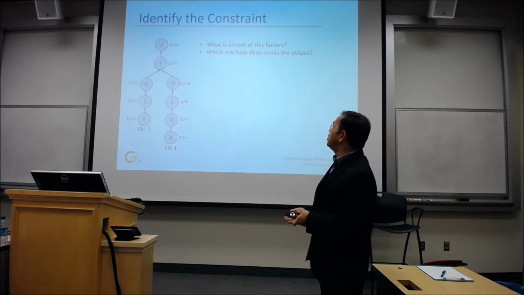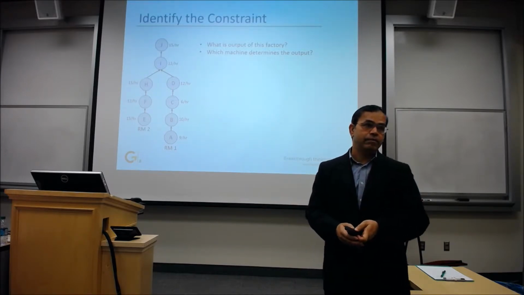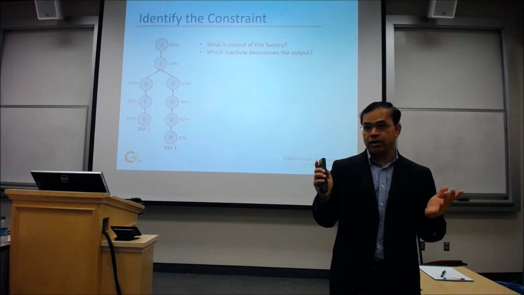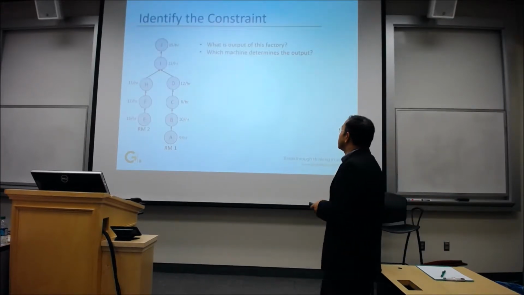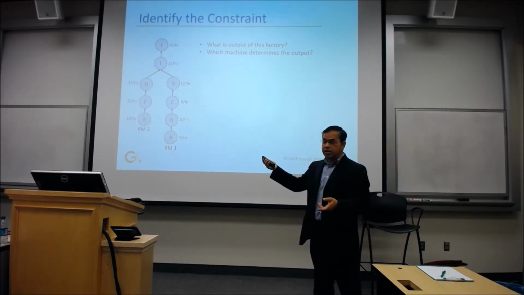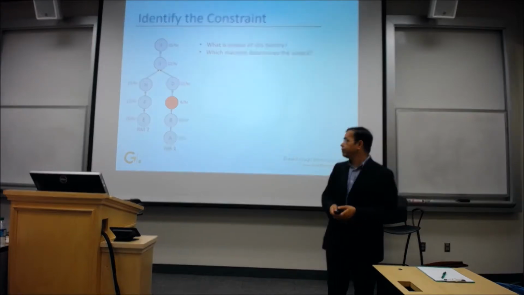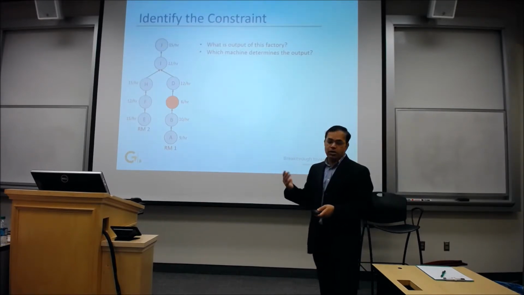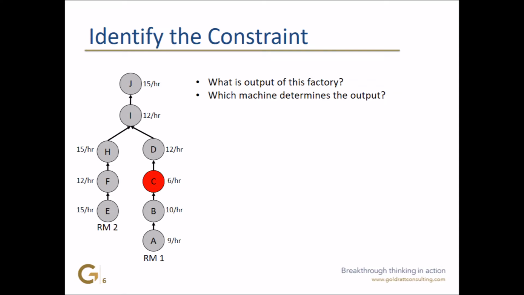What do you think the output of this factory is? 6, right? And which machine determines it? It's C, right? Given this knowledge, it becomes a very powerful thing for us.